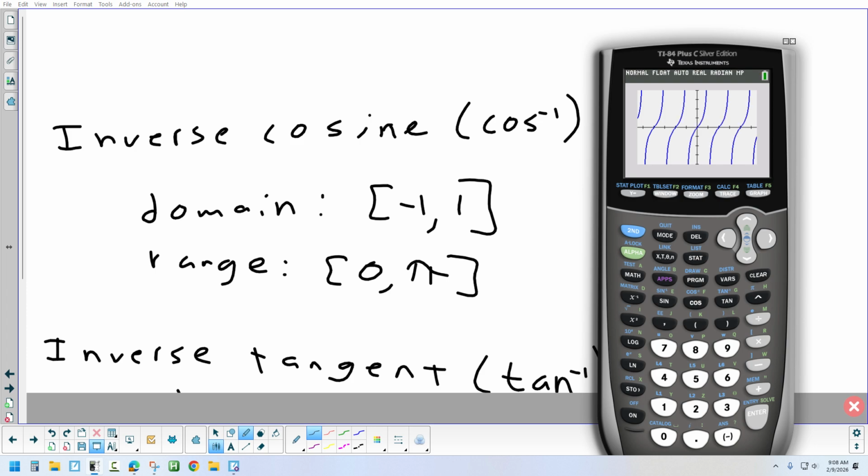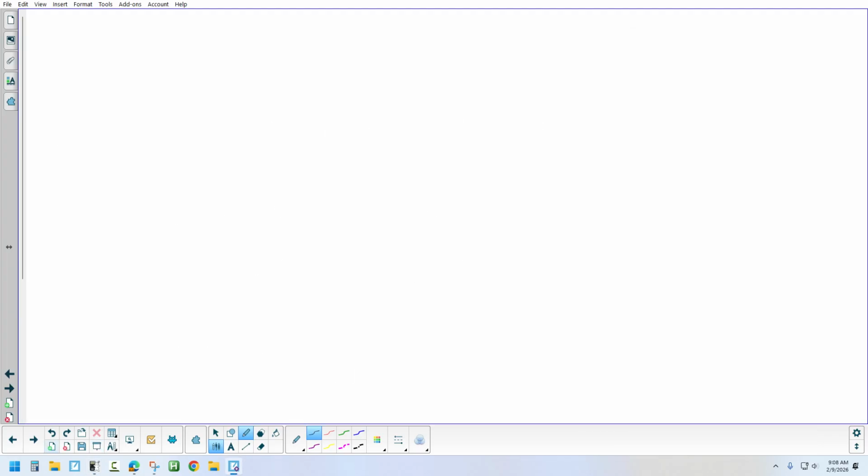No. So if you wanted to find a graph of inverse tangent, and you don't do any kind of restriction on the original, you can't do it. The inverse function would fail the vertical line test because the original fails the horizontal. So let's find a section that we can look at.